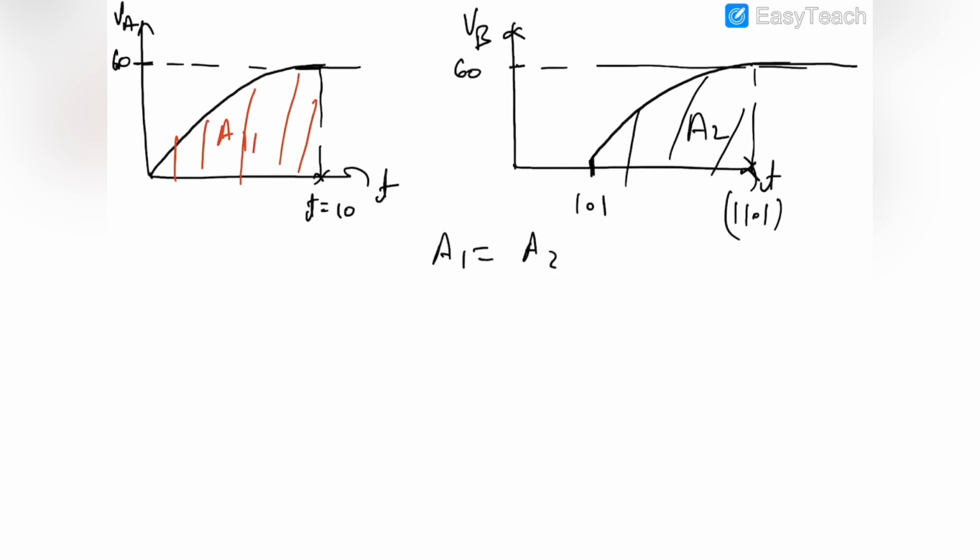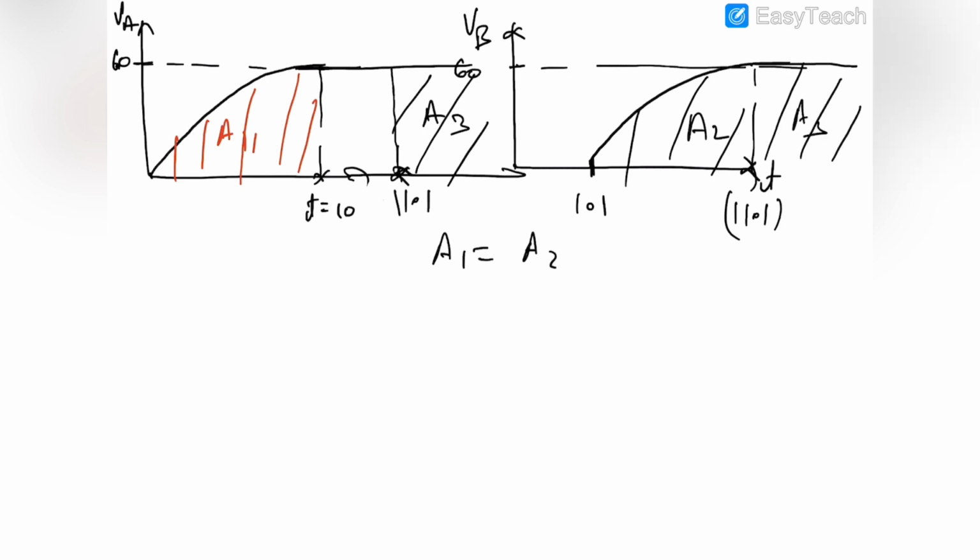Now you can see that if I further mark this time, which is 1.1 seconds, and this is 11.1 seconds, then the area beyond this time, let us suppose it is A3, and let us write the other one as A4.